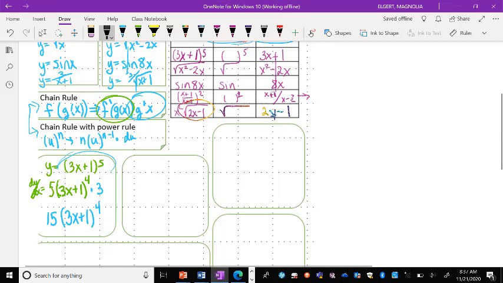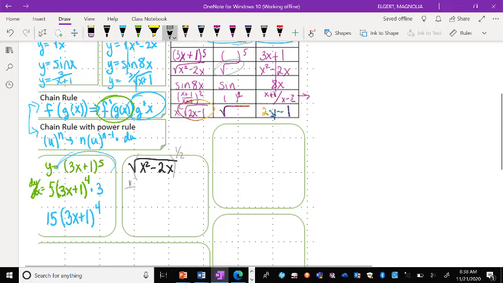Let's do this one. Let's do the square root of x squared minus 2x, and I'm going to try to take the derivative of that. So what we need to remember is that this square root is the 1/2 power. Now we bring the 1/2 in front because that's the outside function.